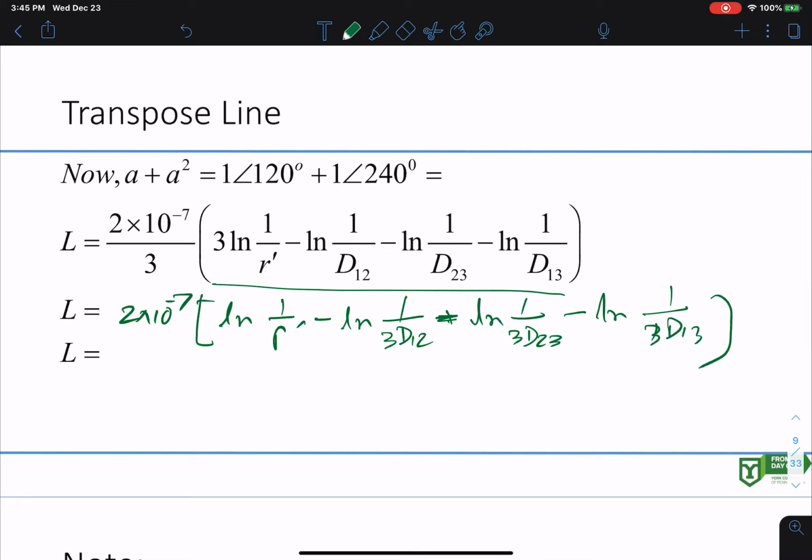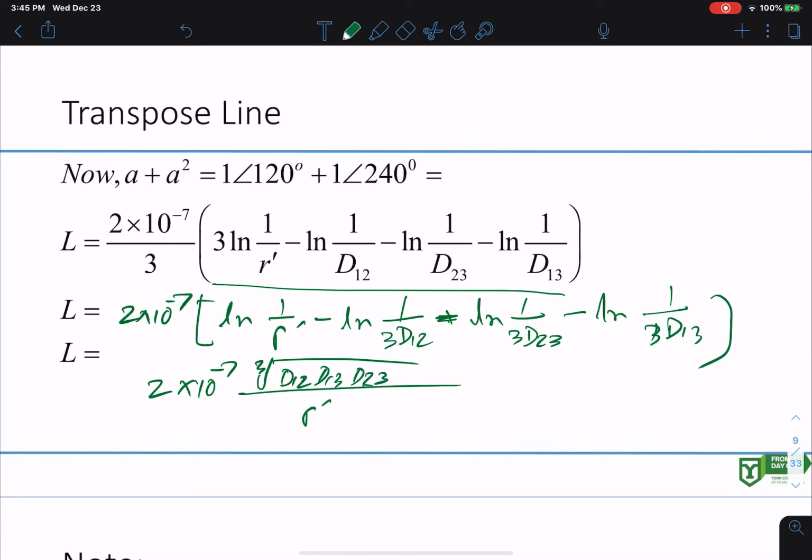Now these are all ln. We can manipulate this to simplify the equation. It would be 2 times 10 to the power negative 7 times ln of, over here you will have R prime, and over the top we have the cube root of D12 D13 D23, right? That means this top is called the geometric mean distance between the lines, and this is the GMR, geometric mean radius.